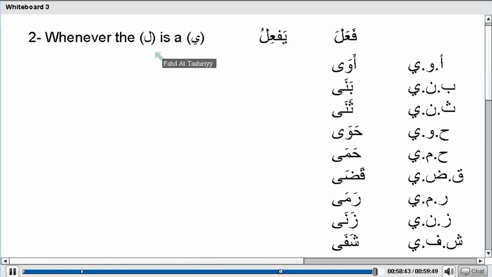Your homework is to try doing the mudari' by yourself with the principles I gave you, same time. The only difference is that here you're going to be dealing with a ya.